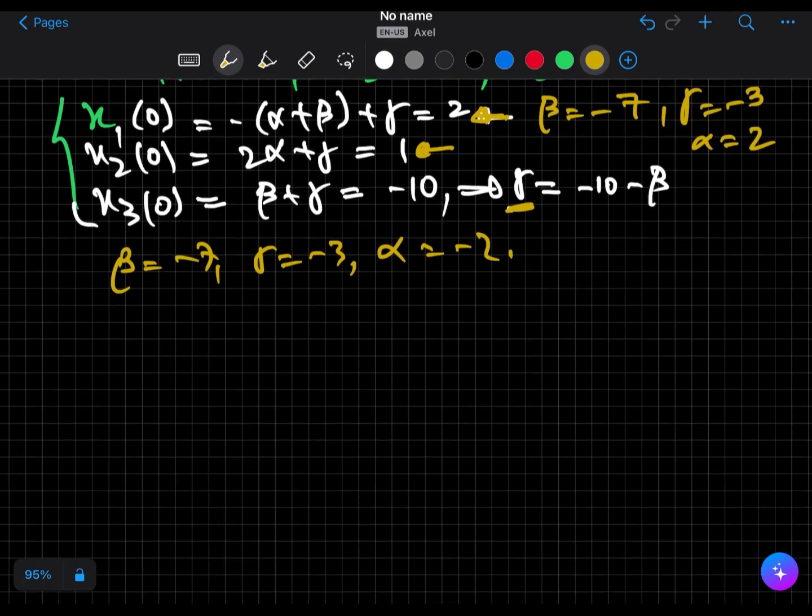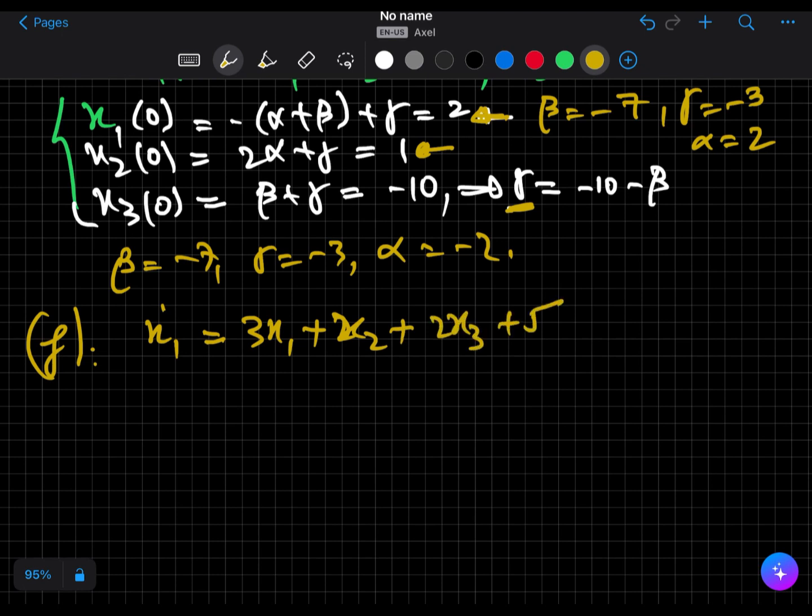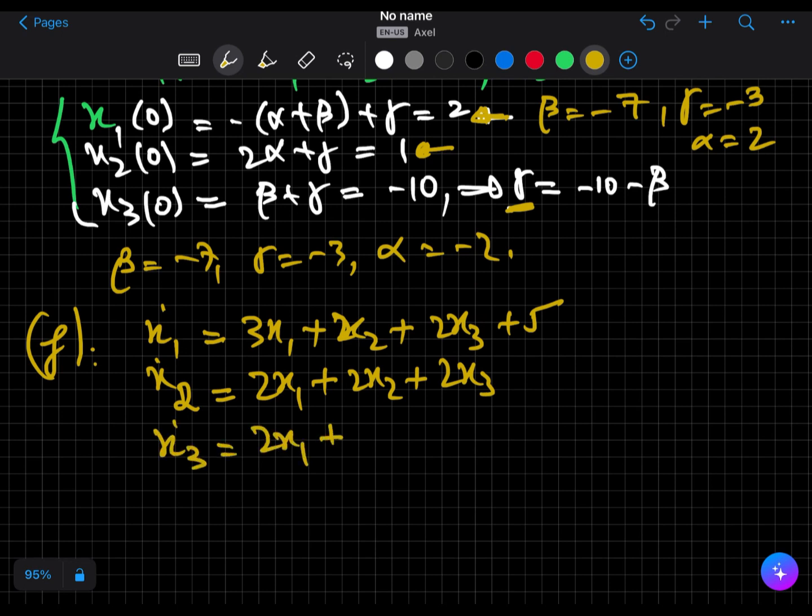Now we also have this question where you need to solve a new system. Instead, you have x1 prime equals 3x1 plus x2 plus 2x3 plus 5, x2 prime equals x1 plus 2x2 plus 2x3, and x3 prime equals x1 plus x2 plus 3x3.